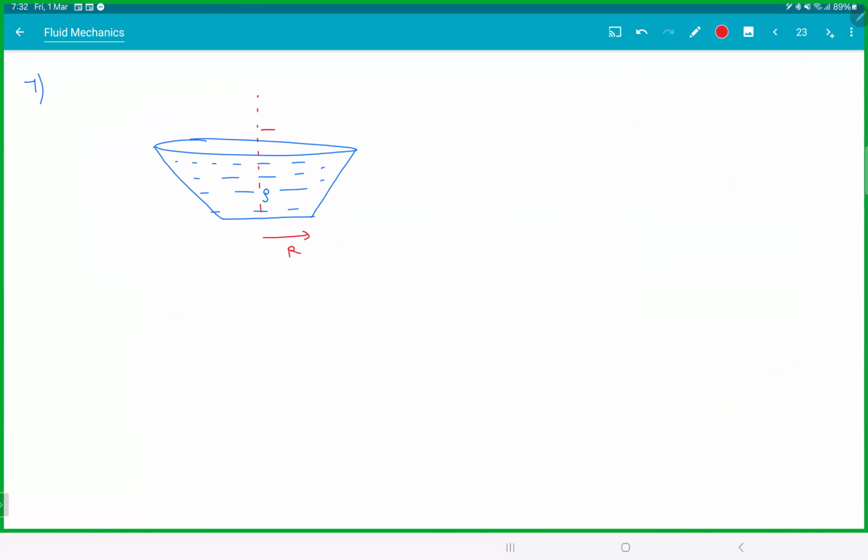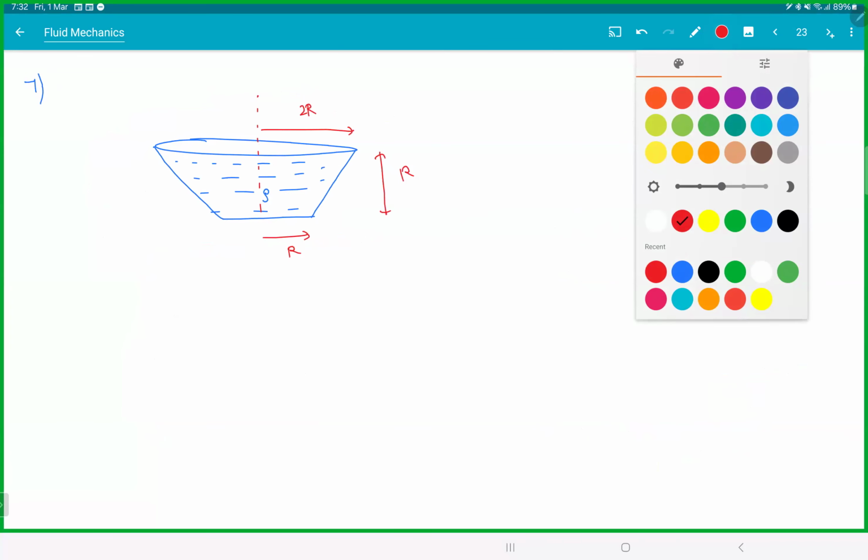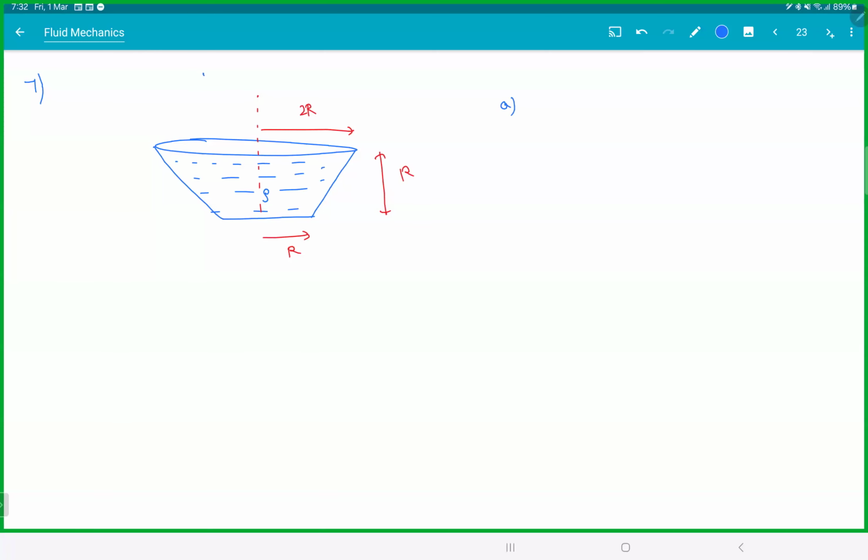This is R. This is 2R. The height is also R. Outside the atmosphere pressure is P naught. Find force on the base. Find force on the side walls of the container.